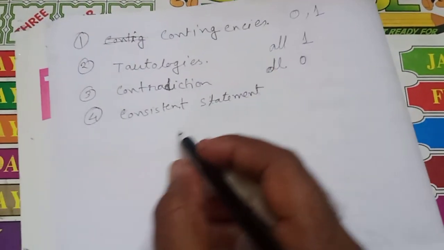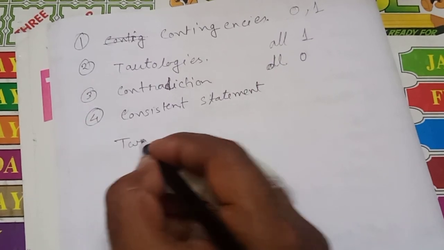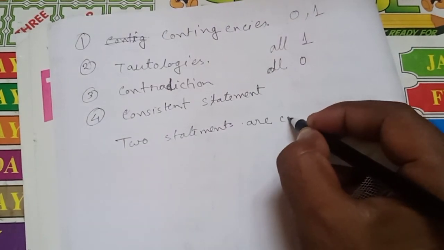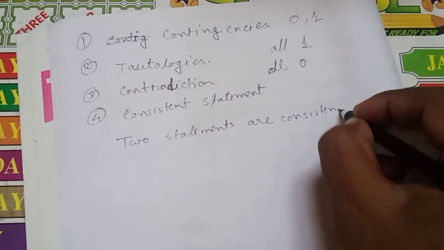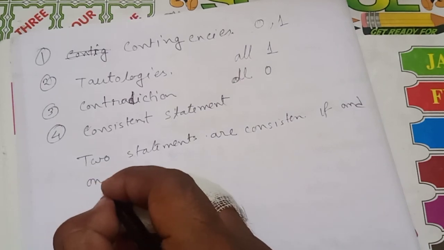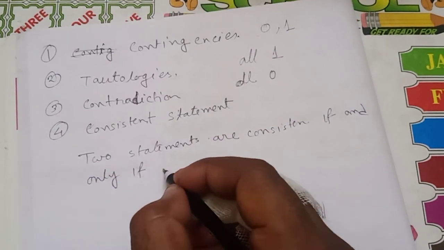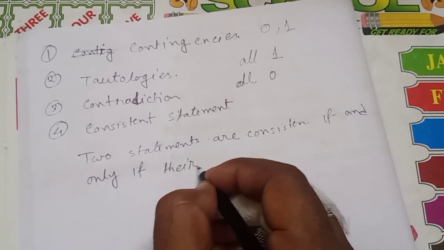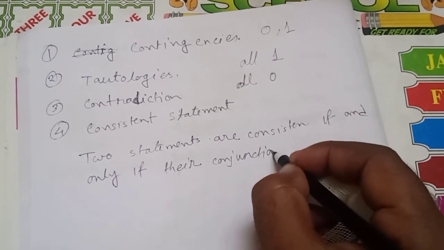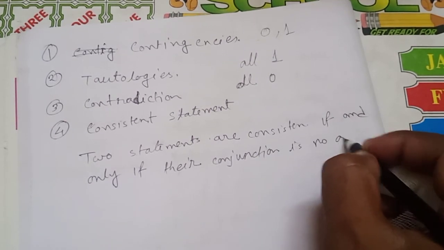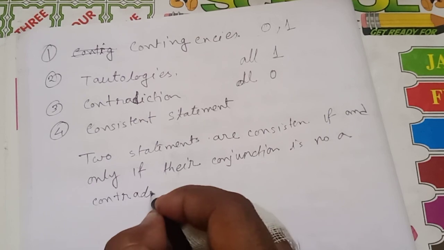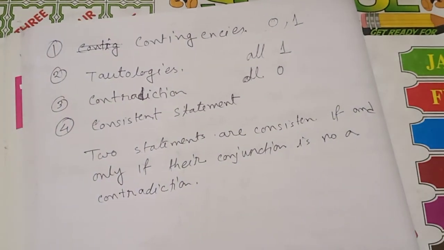Remember, I am writing the sentence for you. Two statements are consistent if and only if their conjunction is not a contradiction.